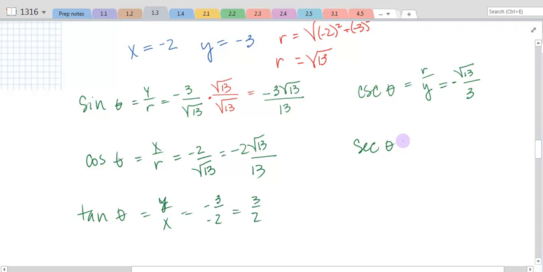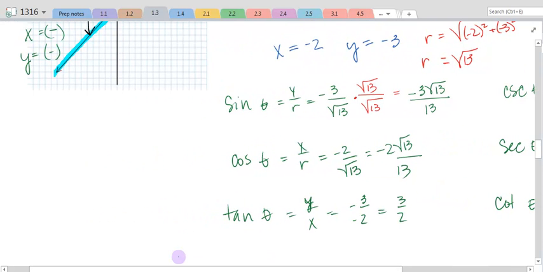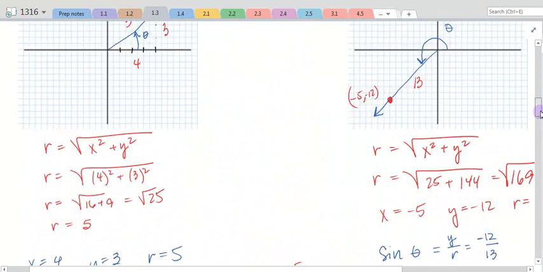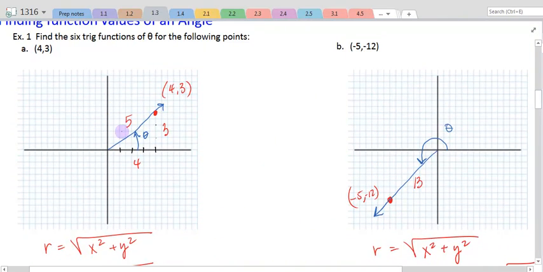Secant of theta would be the reciprocal of my cosine, so negative square root of 13 over 2. And cotangent of theta is the reciprocal of tangent, which is 2/3. So there's some practice finding the 6 trig functions using either a line, like we did in this example, or using the point, as we did in these two.